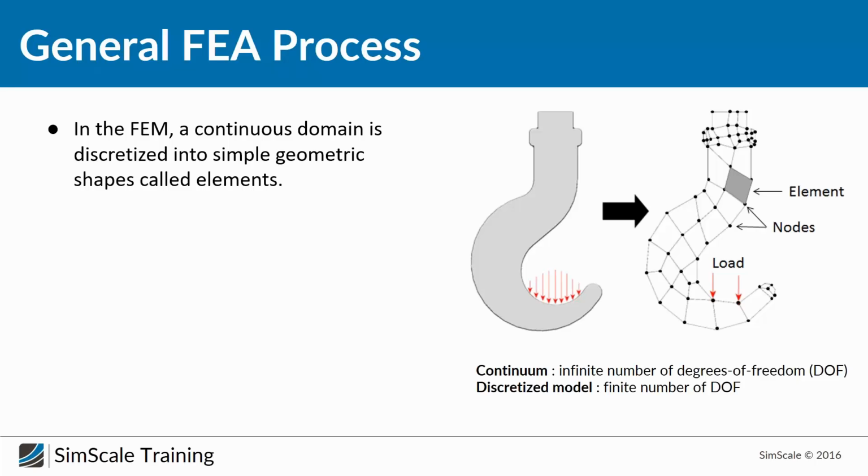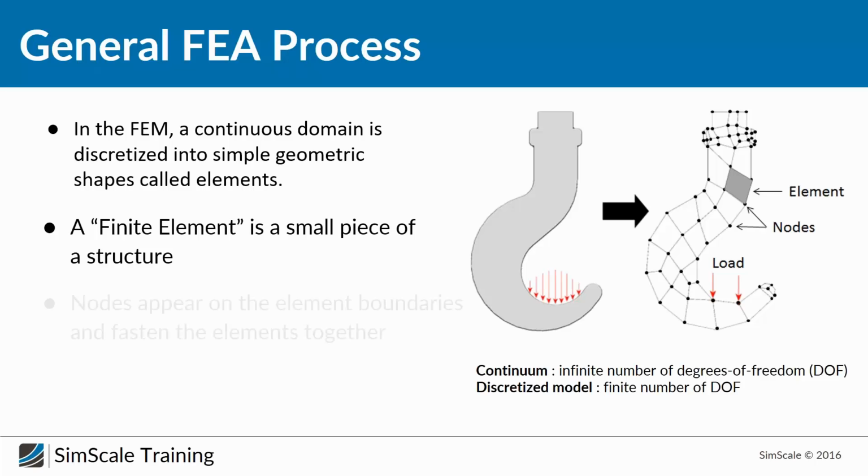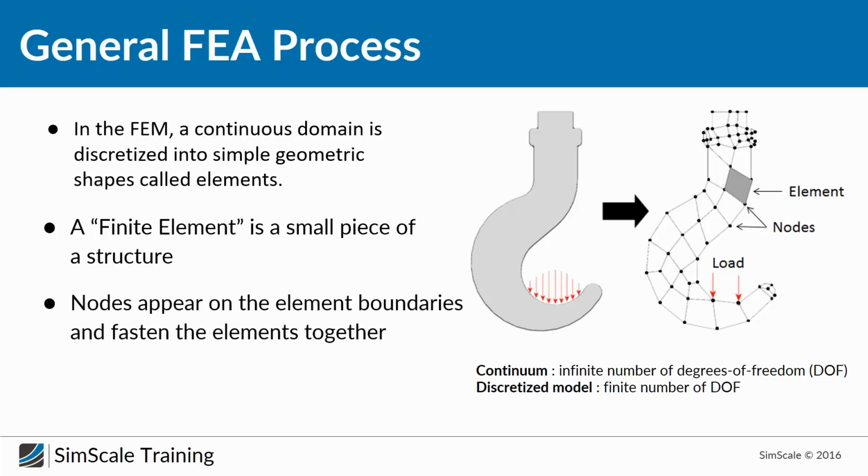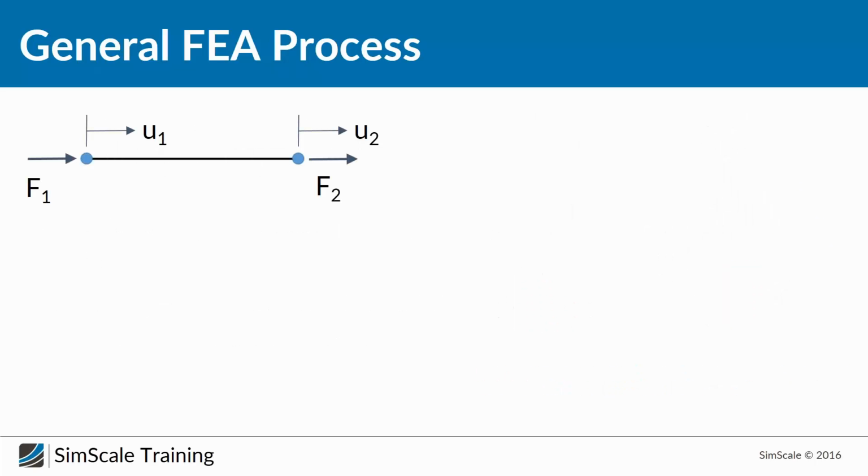But in the end, we are replacing, as I mentioned, this continuous domain by a discrete model, and every one of these elements is a small piece of a structure. Since these are very simple shapes, we can calculate the forces, strains and stresses for every one of these nodes which connect the elements.